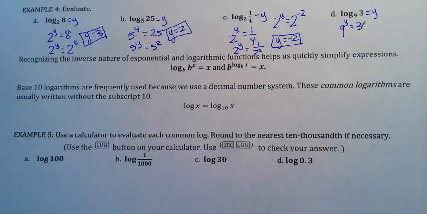If we think about that, the square root of 9 equals 3, and the square root is 9 to the 1/2 power, which equals 3. So 9 to the power of y is equal to 9 to the 1/2 power. So y equals 1/2.